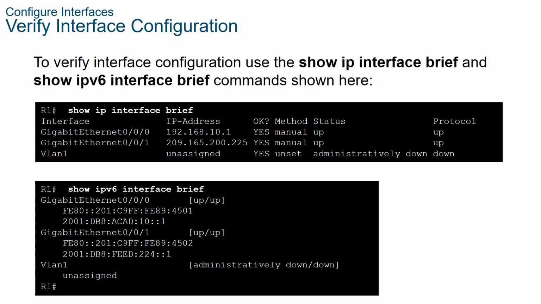So with gigabit Ethernet 0/0/0 and 0/0/1 in their setups, we configured them with 2001:db8 addresses, but the FE80 addresses are automatically assigned as part of automatic procedures within IP version 6. As soon as that's enabled on an interface, those addresses are created as link-local addresses. And we'll talk more about that when we talk about IP version 6 in a bit more detail.